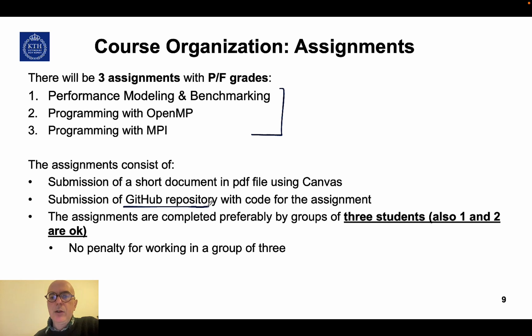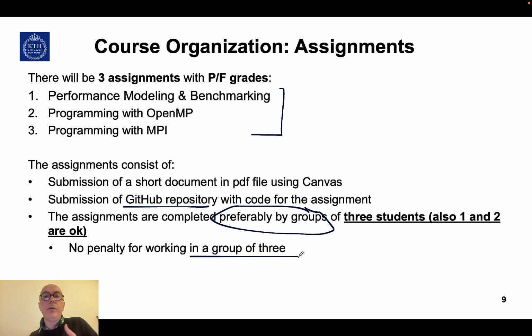The assignments are completed preferably in groups of three students. Obviously, it's also okay with one student or two. But we would prefer that you work in a group, so you learn how to work in a group and address all the issues in the assignment. However, you need to know that there is no penalty for working in a group of three.